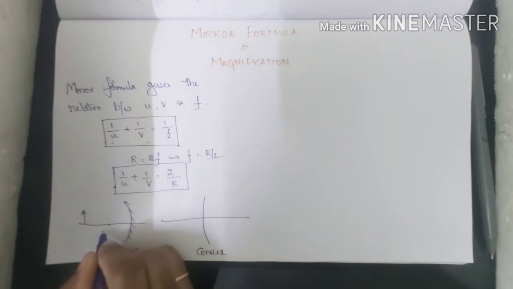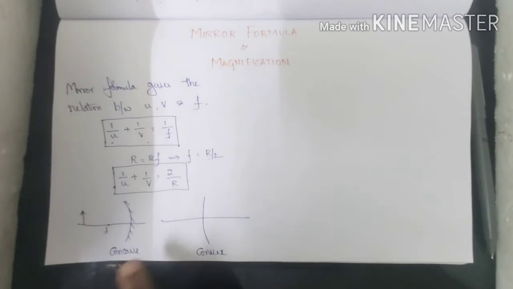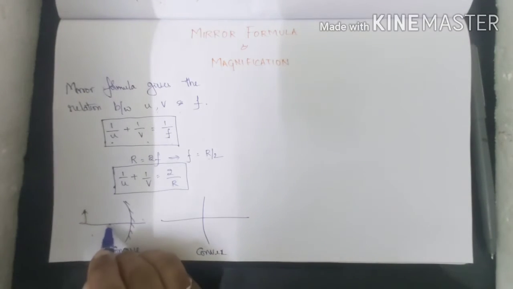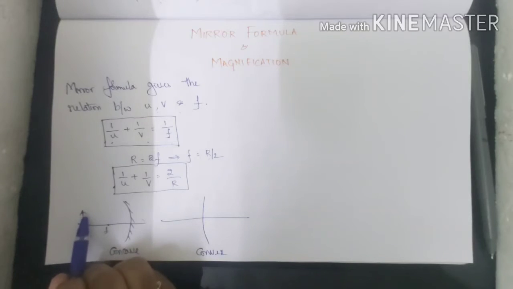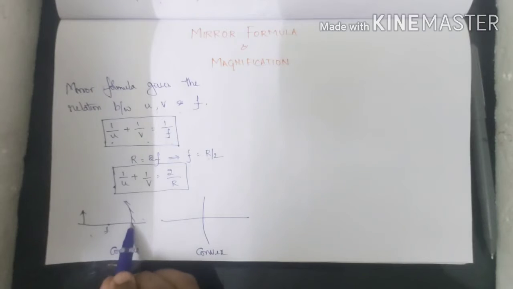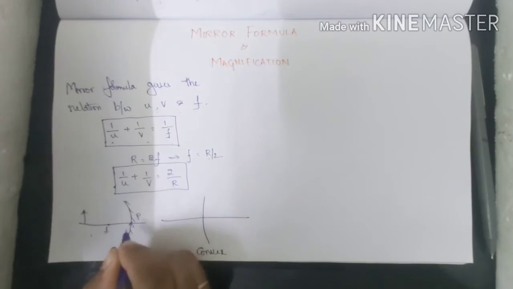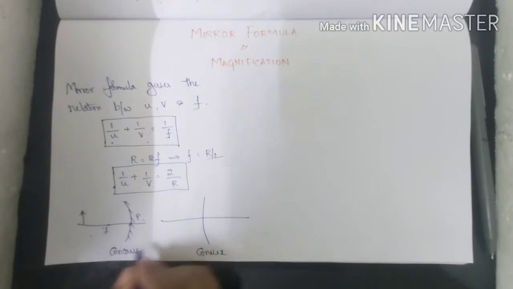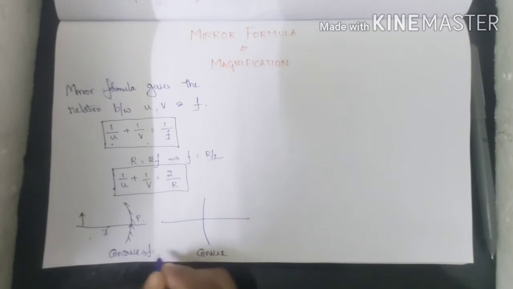Remember, f will be here. For concave mirror, the principal focus will be inside, in front of it. We already know, according to sign convention, the distances that are measured to the left of pole are always negative, which means for concave, the f value is negative.